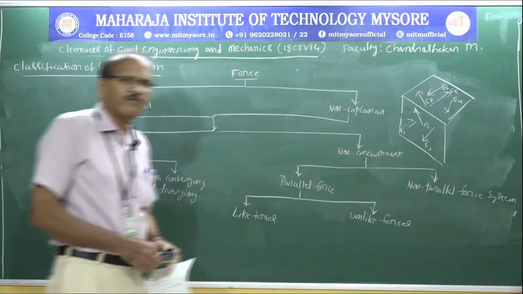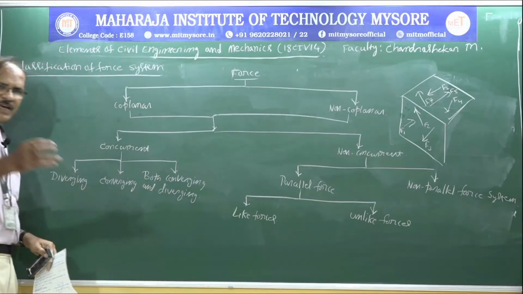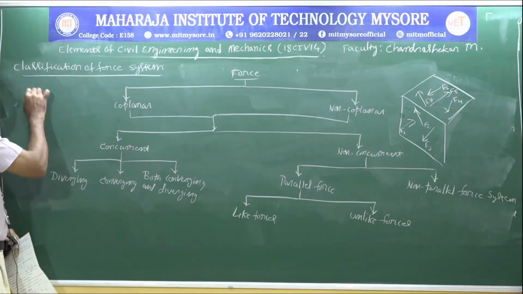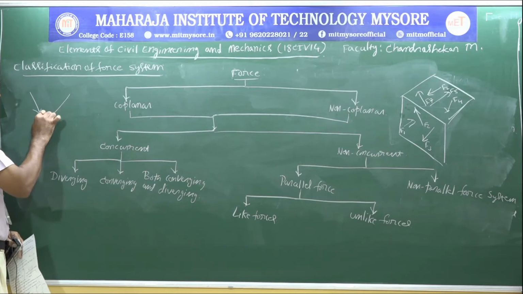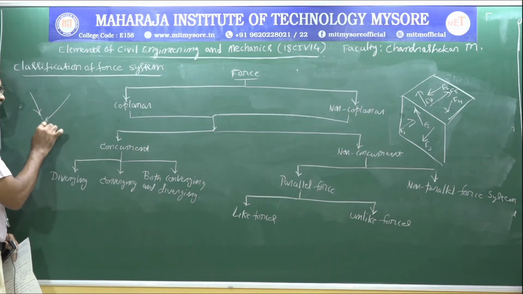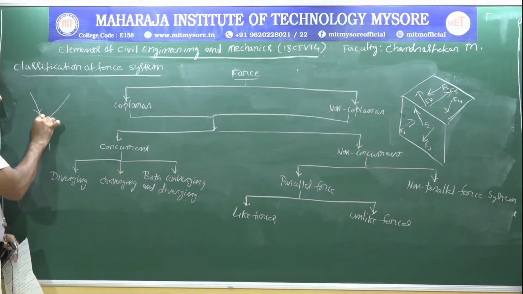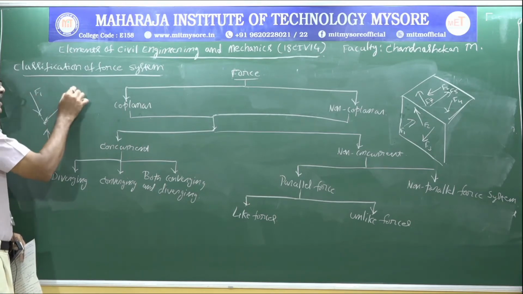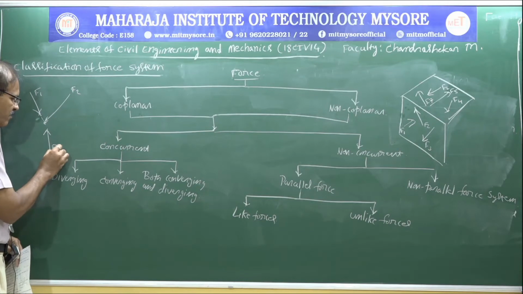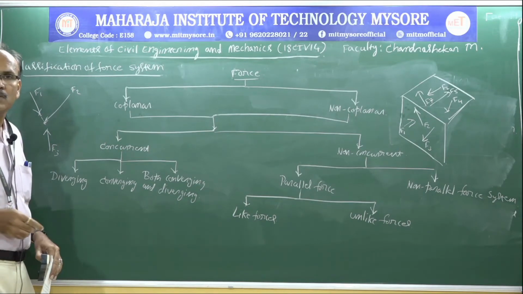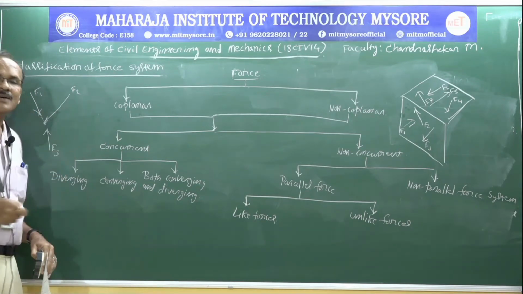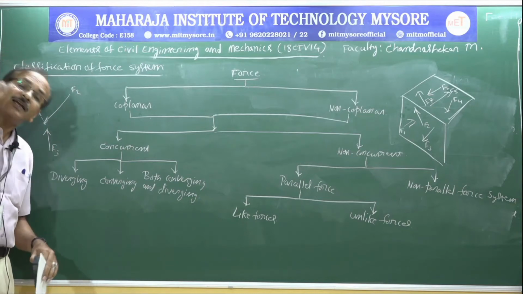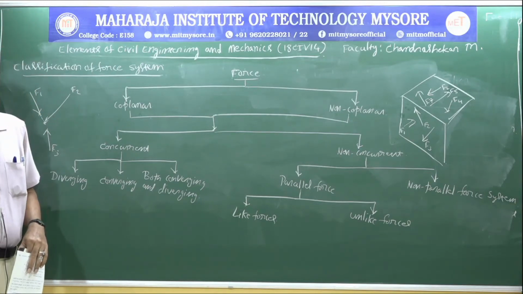So what is a concurrent force system? If you take a system of forces and the forces are acting at a single point, these 3 forces, F1, F2 and F3, this system is called a coplanar concurrent force system.